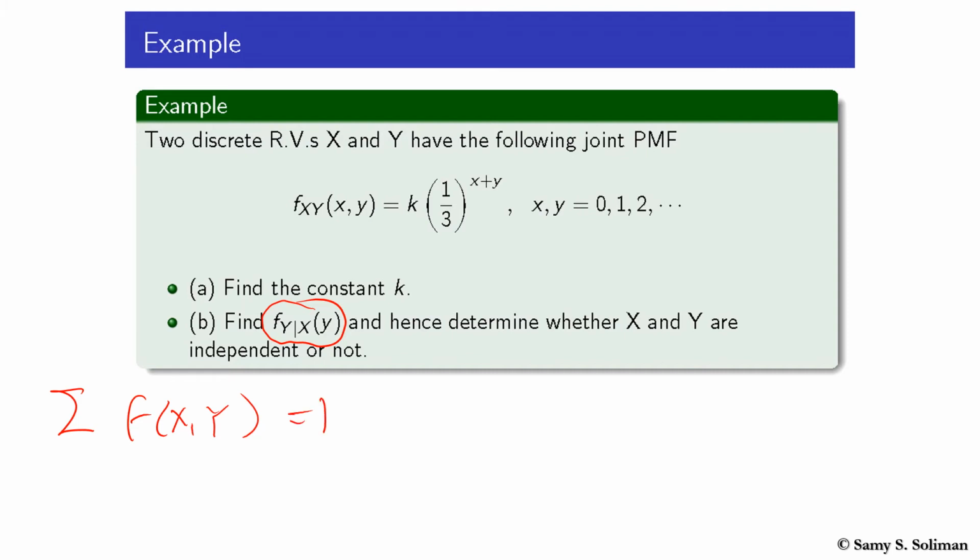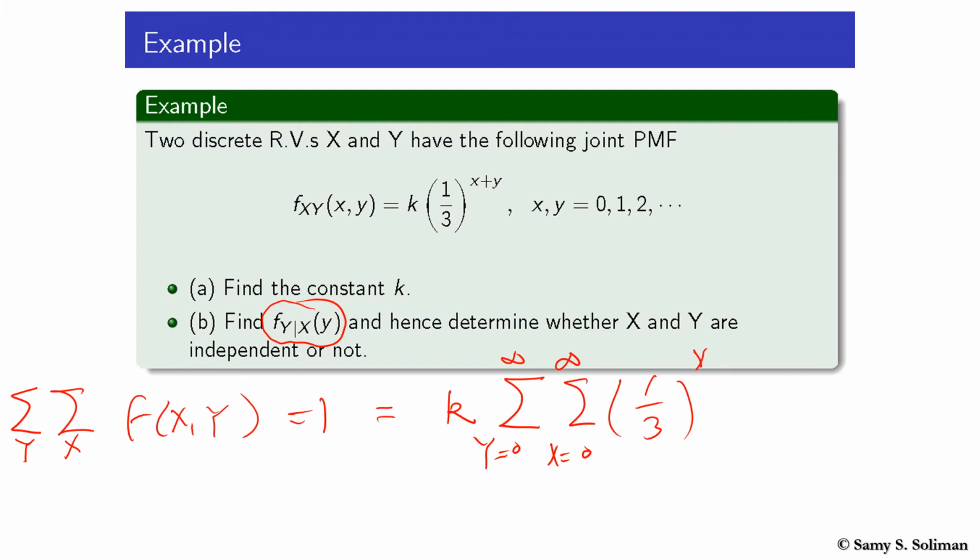However, since we have two variables here, this summation is really a double summation. One summation over all the values of x and one summation over all the values of y. So we have k, a constant that can be taken out of the summation, for summation of x from 0 to infinity and y from 0 to infinity as well, of 1 over 3 to the power x plus y. This can be written as follows: 1/3 to the power x times 1/3 to the power y.